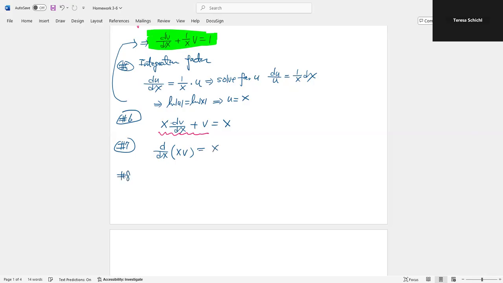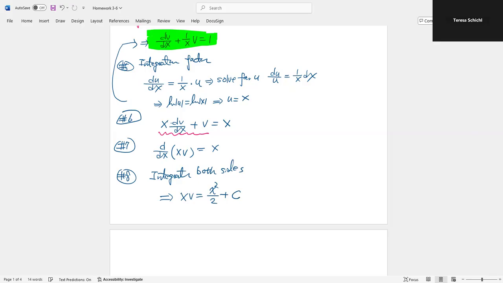Now the next thing here is to integrate both sides, because your left-hand side is the derivative of a product. So my left-hand side will be xv is equal to x squared over 2 plus c.